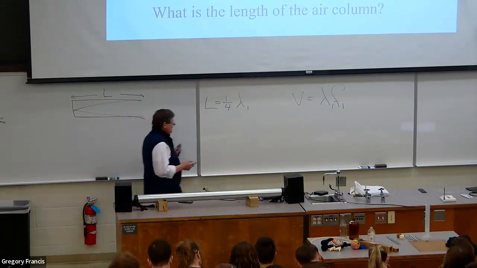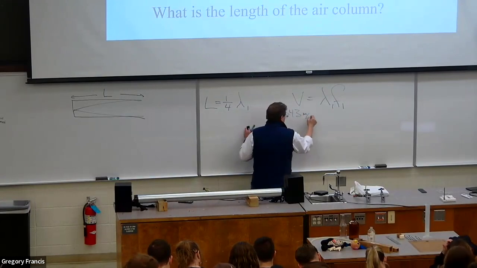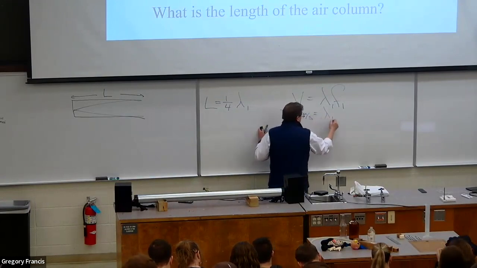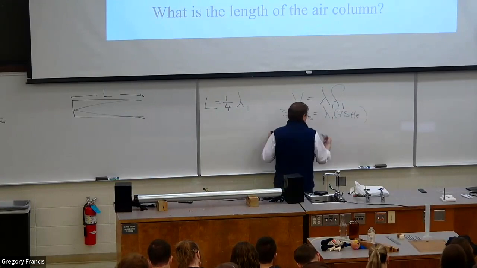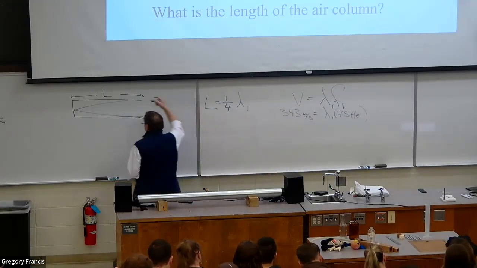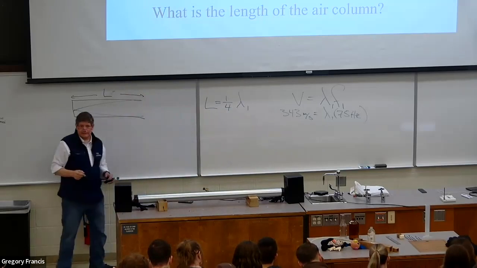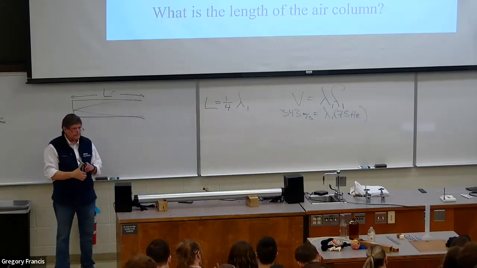That's a given, okay? So 343 meters per second is equal to lambda 1 times 75 hertz. I can find lambda 1, and then I can divide it by 4, and that's going to give me my length. Check that your neighbor's on the bus there.